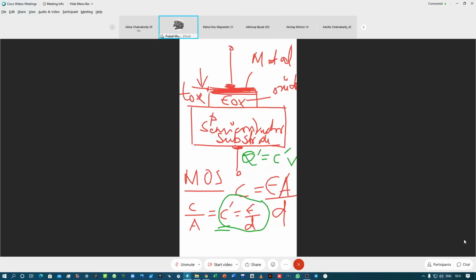You may also write an equation for the electric field E. Electric field E would be equal to V by D. Okay, so Q dash is equal to C dash V and E is equal to V by D. Fine.